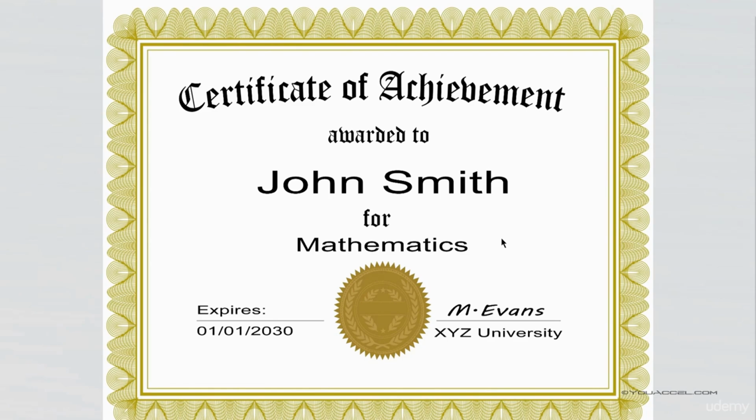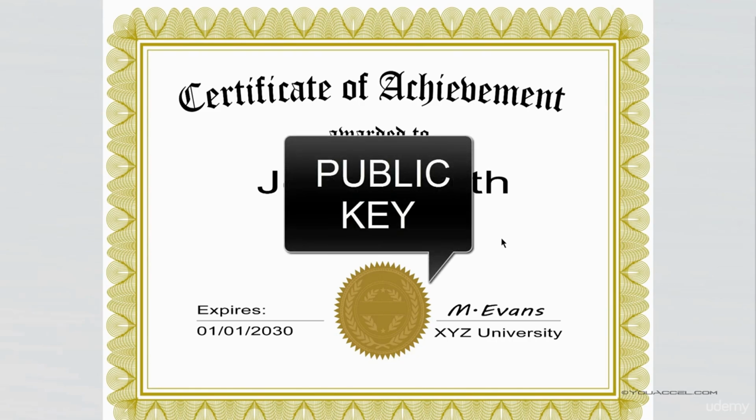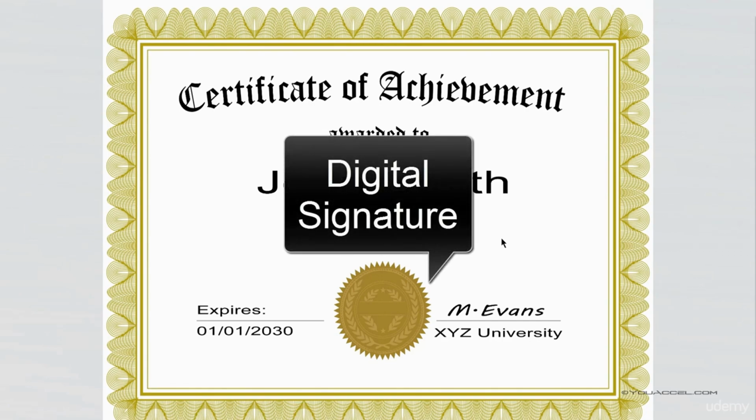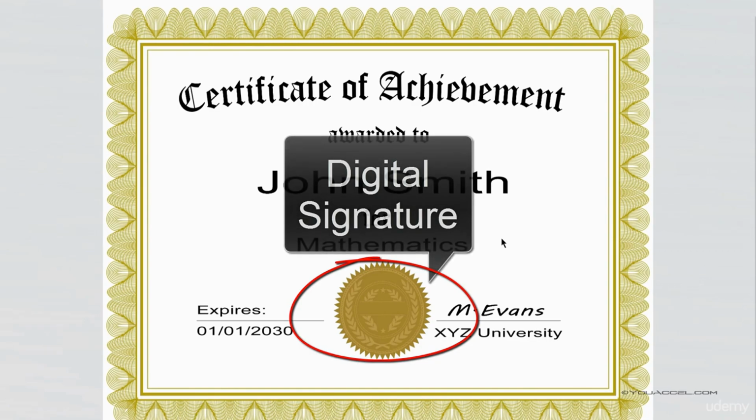A digital certificate also contains a public key, which we'll discuss later on. This is one unique attribute that a digital certificate has that a traditional certificate does not. A digital certificate also has a digital signature, which can be compared to the wax seal on a traditional certificate.